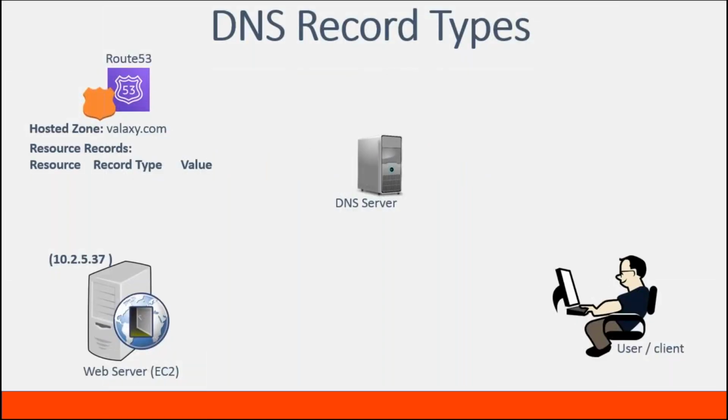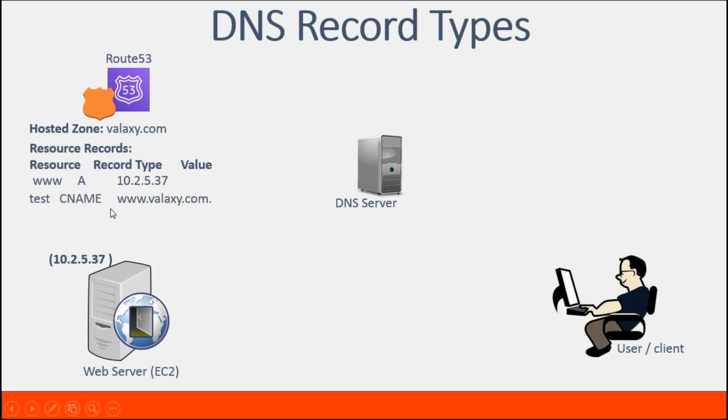I have the client, I have the Route 53 hosted zone, or it could be GoDaddy, not a problem. Wherever you have the registered domain, there you need to create the records. So now I have an A record. The A record is the one which resolves the name to the IP address.